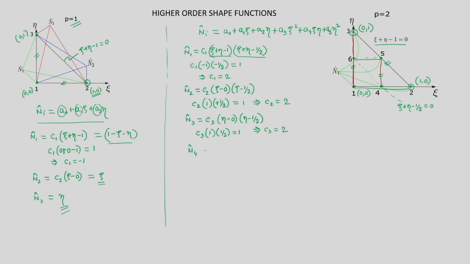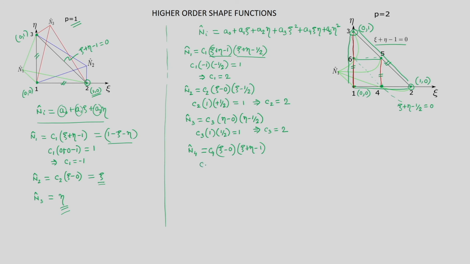Similarly, N4 we can go and construct. N4 is 1 here and is 0 along this line and this line. So, this gives us xi minus 0 into xi plus eta minus 1 into C4.